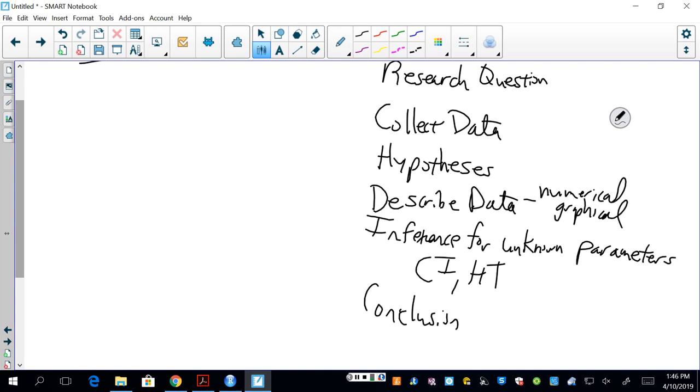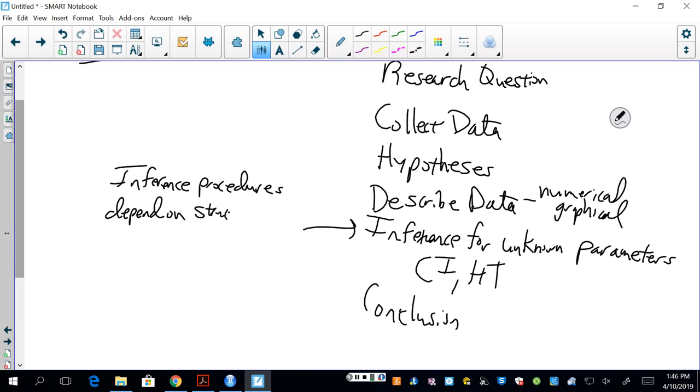And one thing we're seeing as we go through these different methods is if you have different data, if you have one group or two groups or multiple groups, if you have quantitative data or categorical data, and so on, the inference procedures that are appropriate to use depend on the structure and type, and also the size of the data.